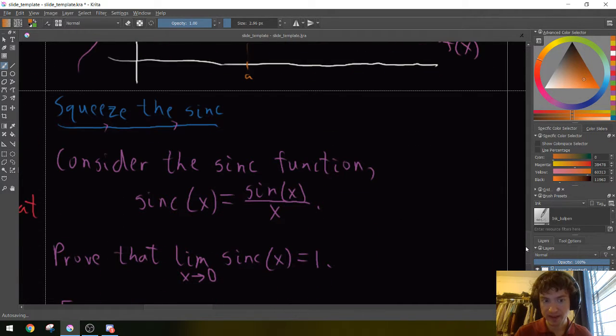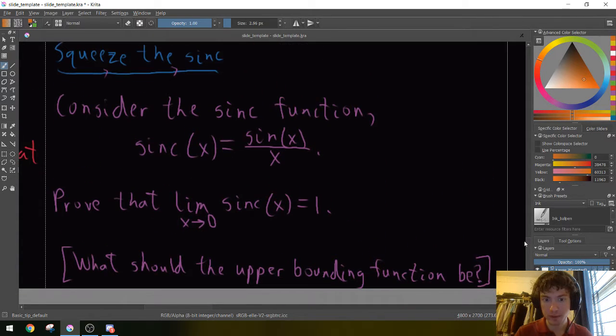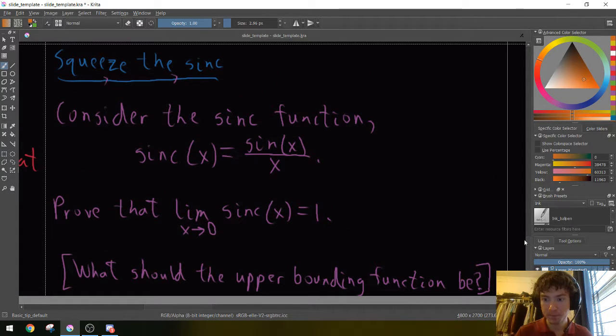So I'll ask you for an idea. What do you think we could use for the top one, the upper bounding function?